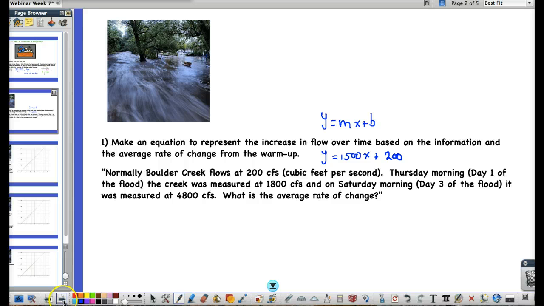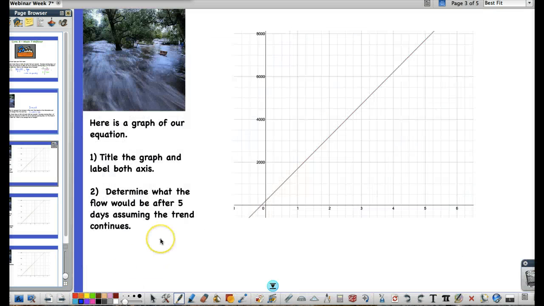So if we look at a graph of this equation, y equals 1,500x plus 200, this is what it looks like. Assuming that we have constant growth, right, it grows at the same rate, then you can see after one day, here was that 1,800 we were talking about, and here's our 200, our starting amount.